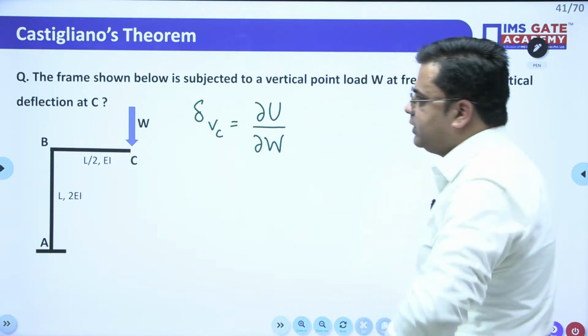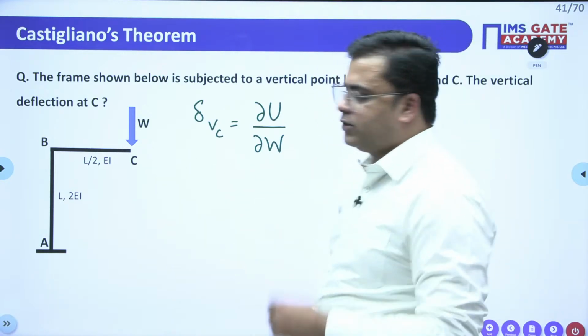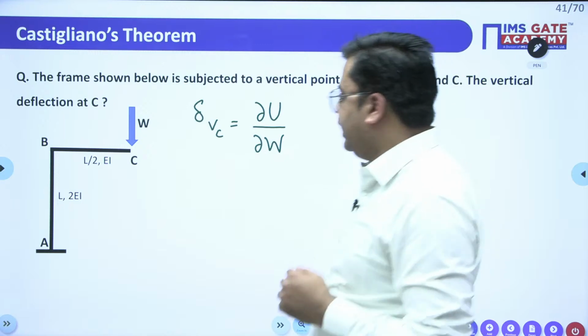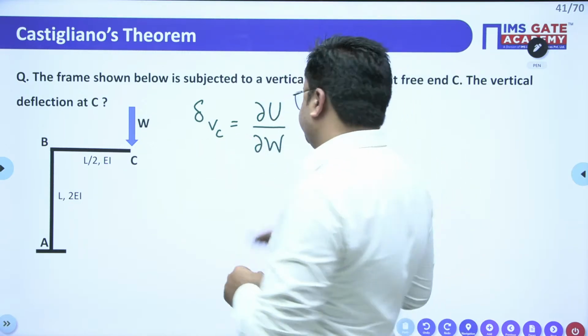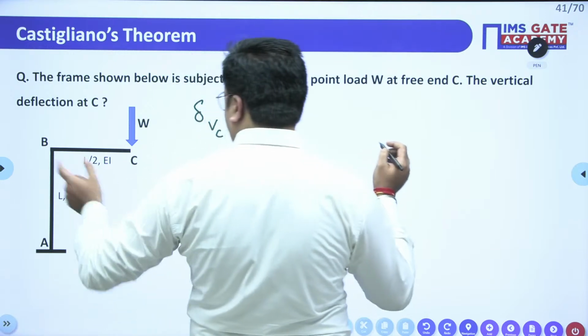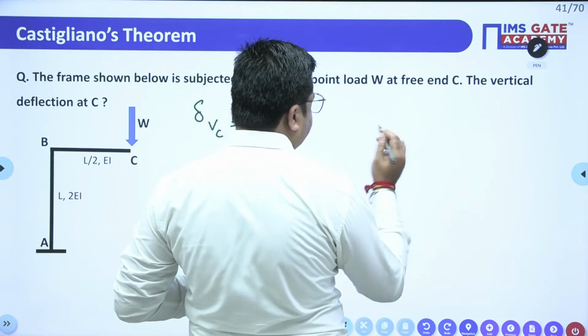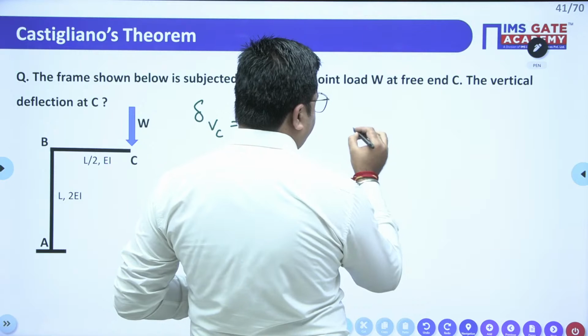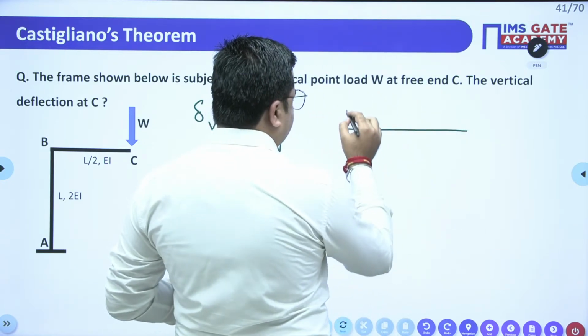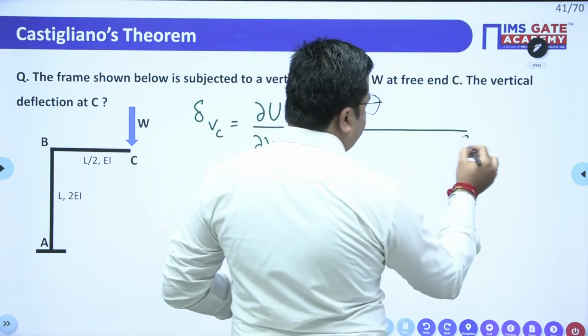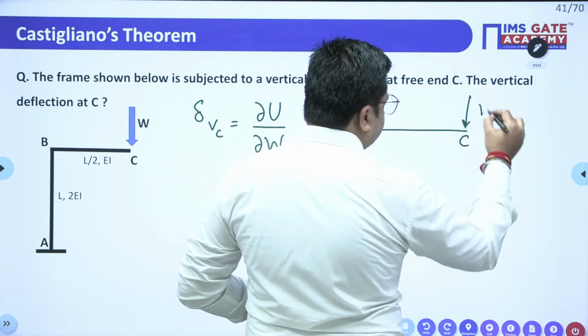So using the standard results, you can just deal with this question. What you have to do is take the member BC. So this is B, this is C, and load W is acting like this, right?